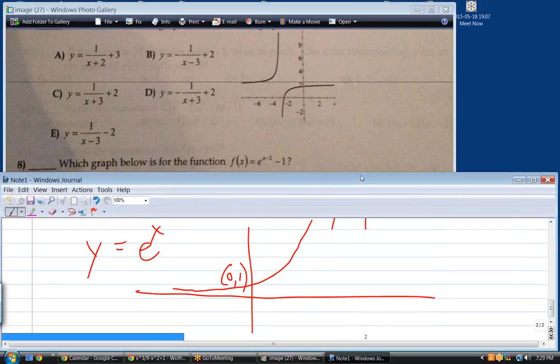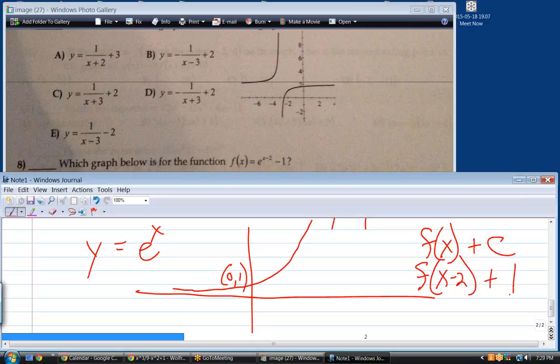Vertical shift down. Okay. In other words, when you have f of x plus c, that is a vertical shift, and that's what we're looking at here. Actually, what we're looking at is f of x minus 2 plus 1. So we're looking for something that's shifted right by 2 and down by 1.